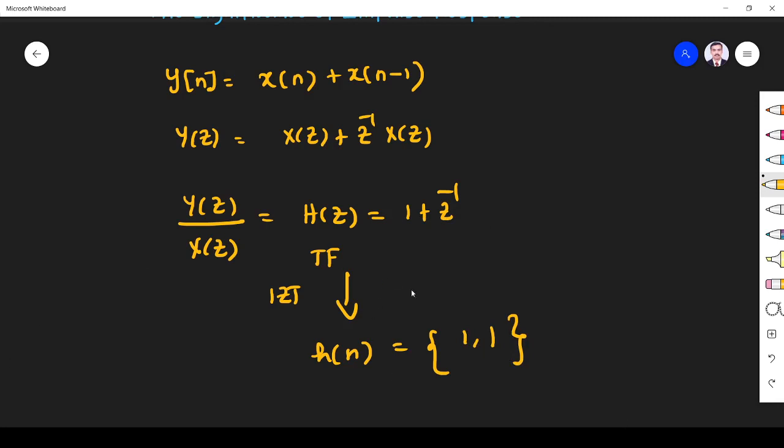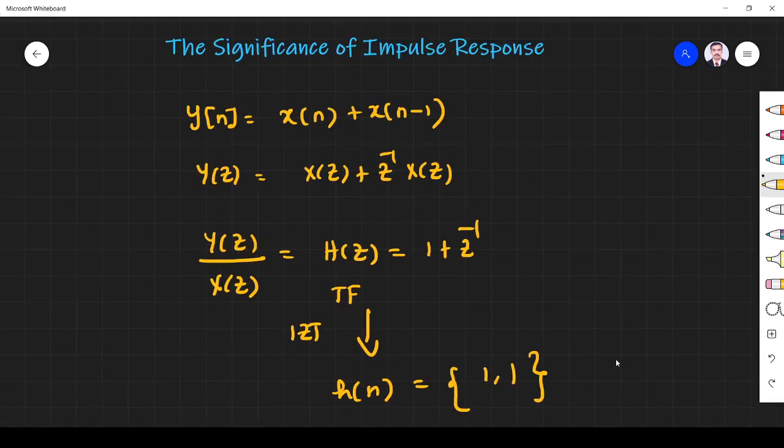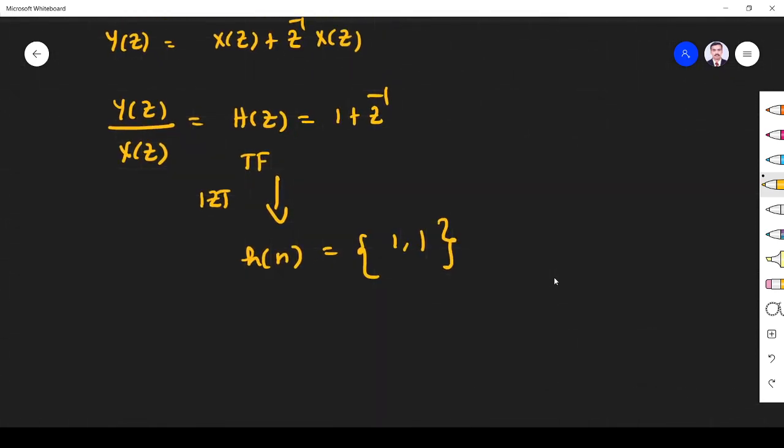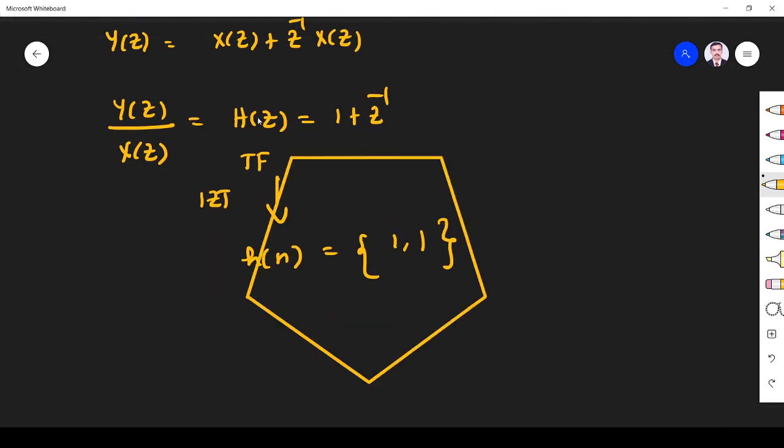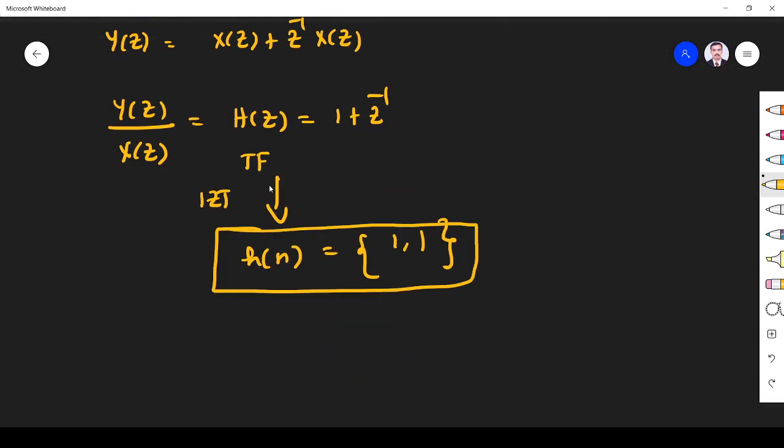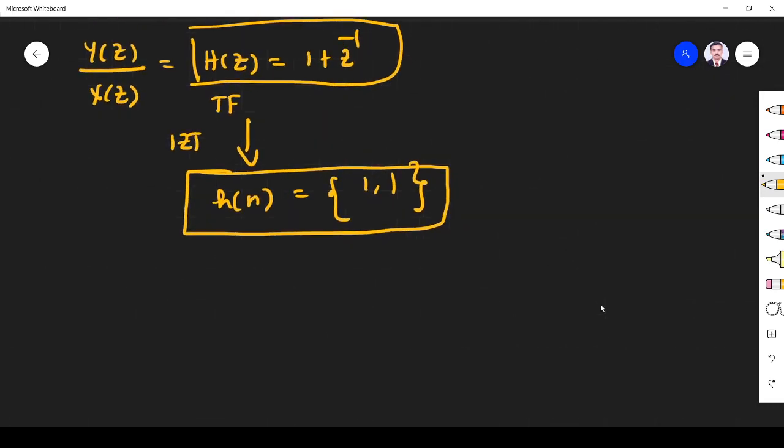Now we have the impulse response and the transfer function. Now we see the beauty of the impulse response. h of n is 1 comma 1 and the transfer function is 1 plus z inverse. If you want to design any system, you have to design an impulse response.